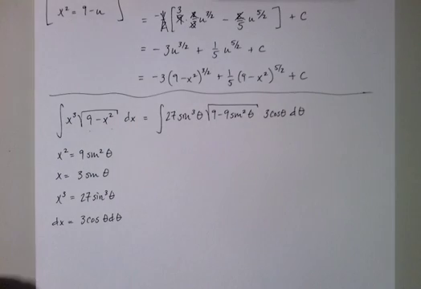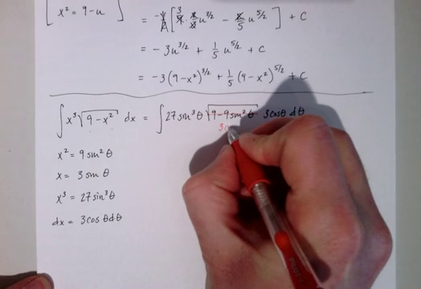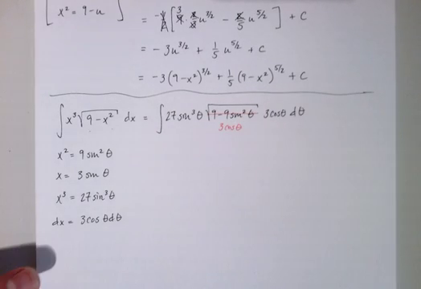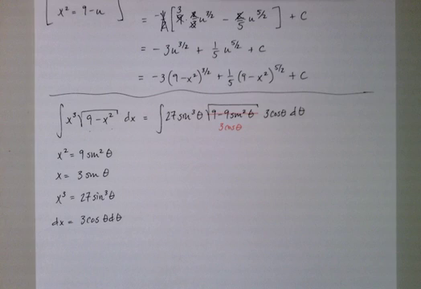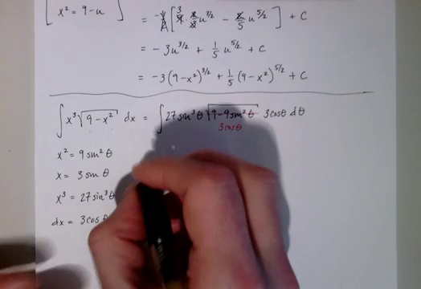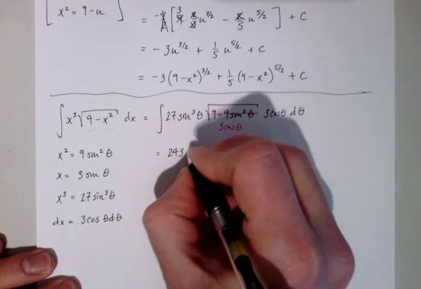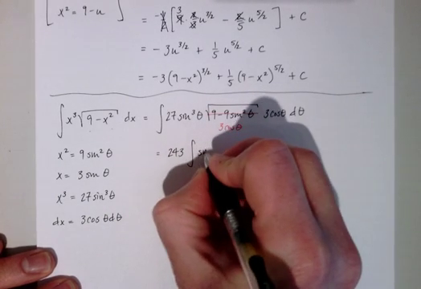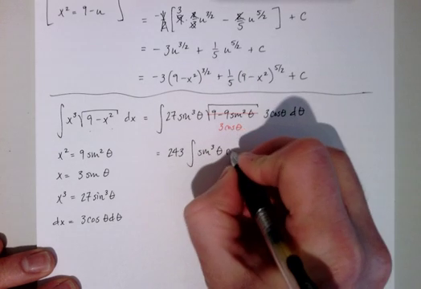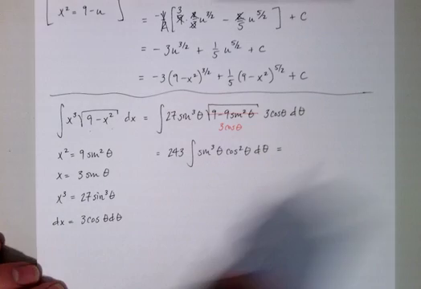Now that 9 minus 9 sine squared theta becomes 3 cosine theta after it's simplified, right? And so I'm going to take 3 times 27, which is of course 3 to the 5th, and that winds up being 243. I'm going to go ahead and simplify that integrand by combining like factors.